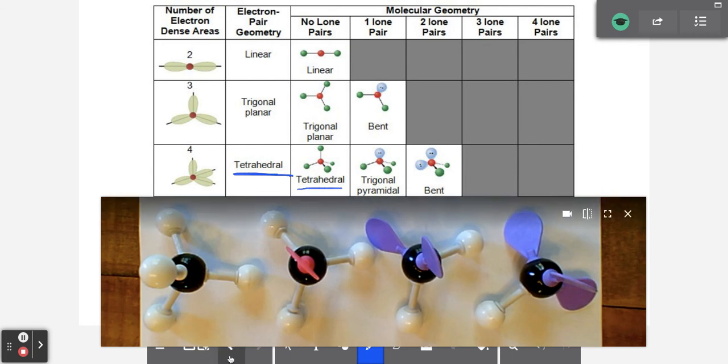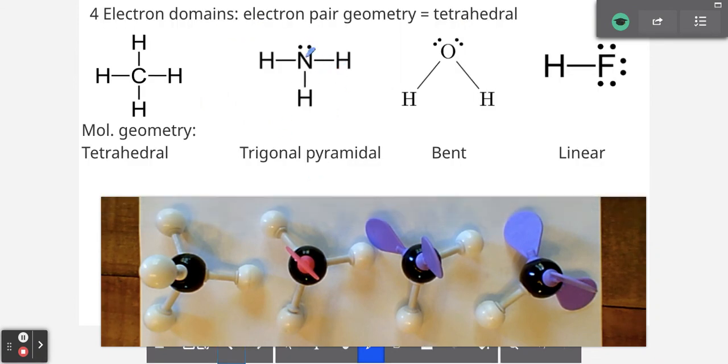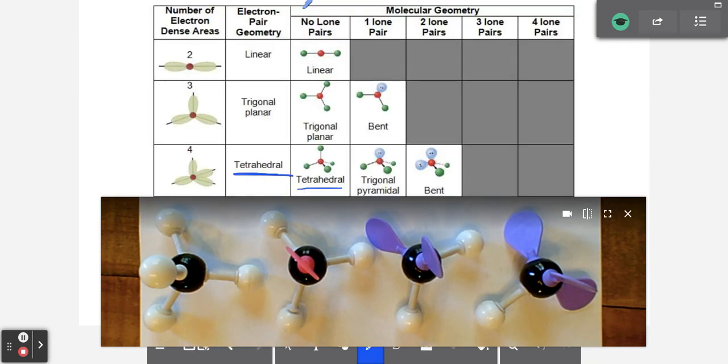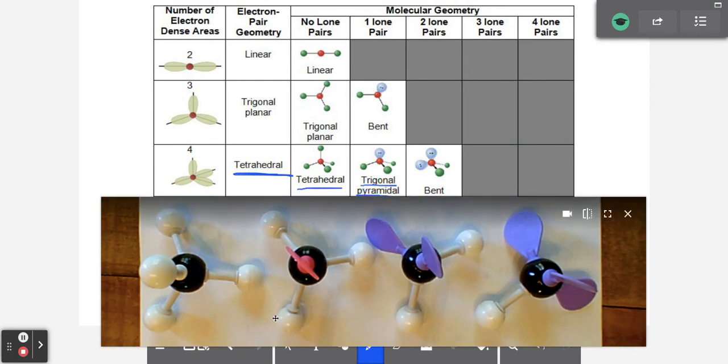So that's our CH4. But if there's one lone pair, as in the case of NH3, which we're looking at here, it is trigonal pyramidal. And we see that by looking at this chart. We have steric number of 4 with one lone pair. NH3 is trigonal pyramidal.